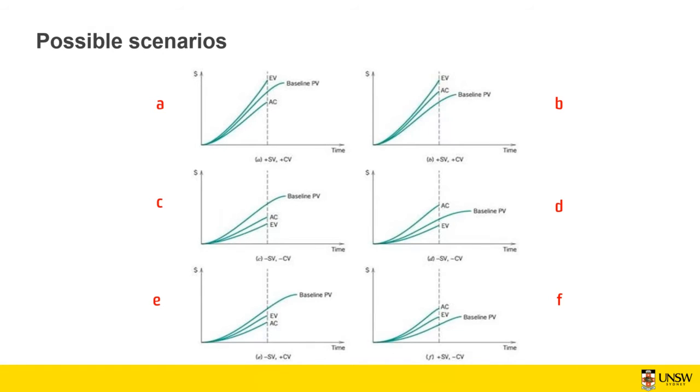But in scenario F, the cost variance is negative. So if you compare, earned value is lower than the actual cost in scenario F, so your cost variance is negative. But in scenario B, it's the opposite. Your earned value is higher than your actual cost, so your cost variance is positive.